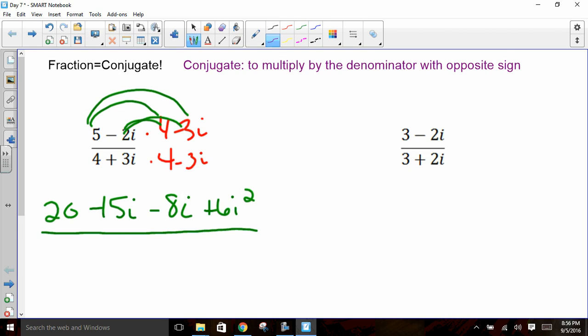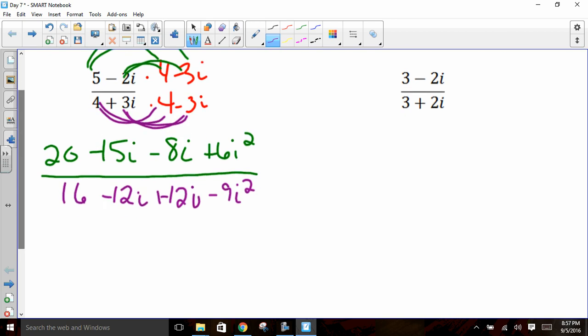For my denominator, 4 times 4 is 16. 4 times negative 3i is negative 12i. 3i times 4 is positive 12i. And 3i times negative 3i is negative 9i squared. So if you notice on the bottom, my imaginary stuff ends up canceling out.